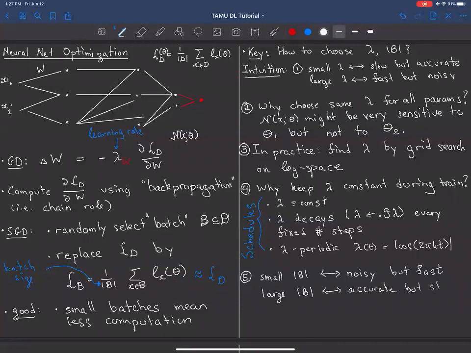but slow optimization. If you haven't yet dozed off, you will notice that these were exactly the words that came up for small and large learning rate. And so the point I want to make here is that lambda and batch size are inversely related.